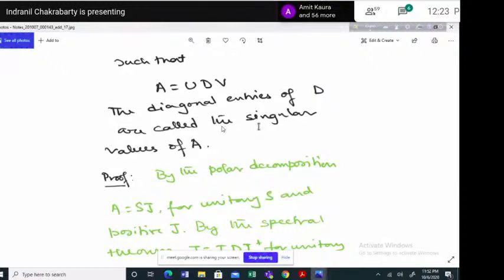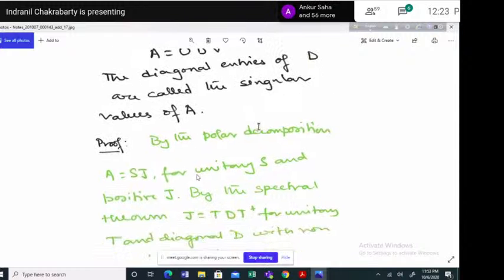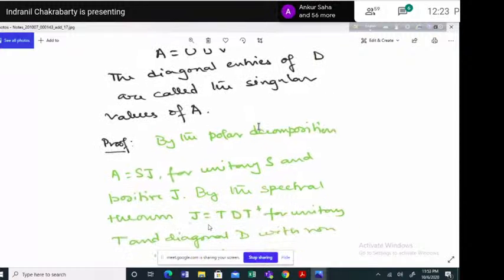Now it is very easy to follow from the polar decomposition that any square matrix A can be written as a product of a unitary matrix S and a positive matrix J from the left polar decomposition. Now by the spectral theorem, the positive matrix will follow the spectral theorem because it is Hermitian and hence normal.